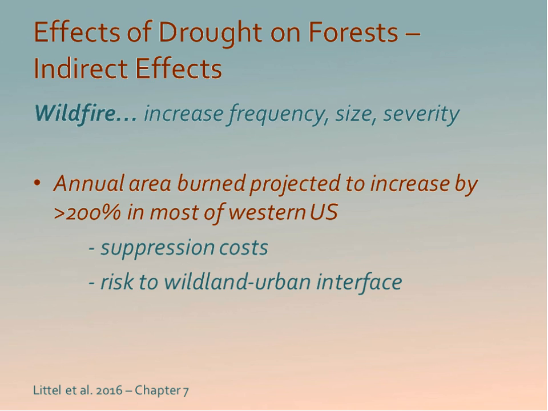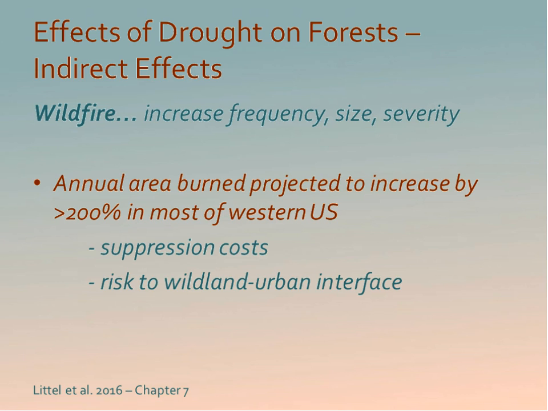So the suppression costs are astronomical under these severe drought conditions. And part of that is related to the fact that this increasing frequency and size of fires means that there's more likely to be vulnerabilities in the wildland-urban interface, and that greater risk requires a greater response, and a greater response requires a greater cost.